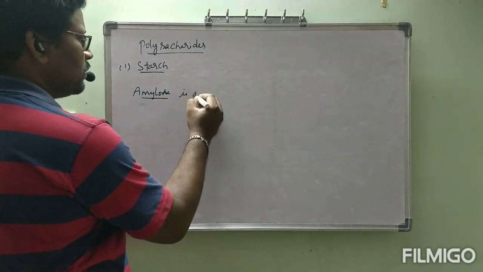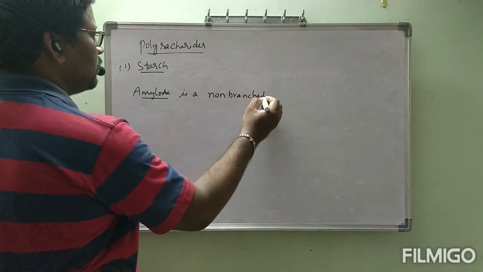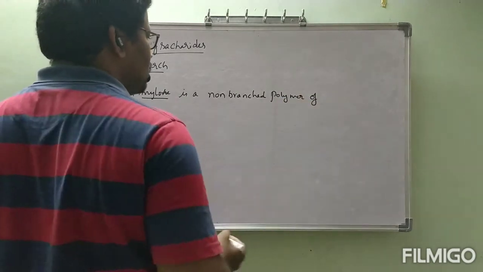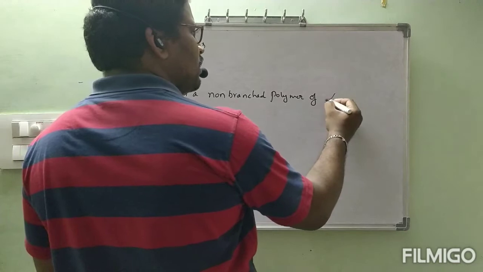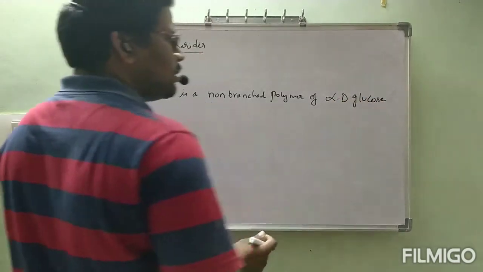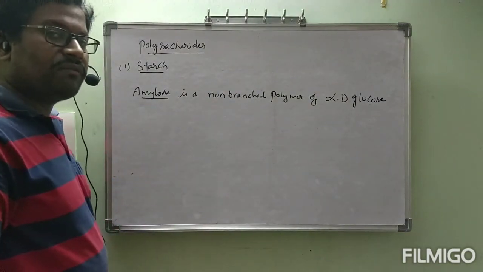Amylose is a non-branched polymer of alpha D glucose. So in this amylose, what is the monomer? Glucose only, that is also alpha glucose.